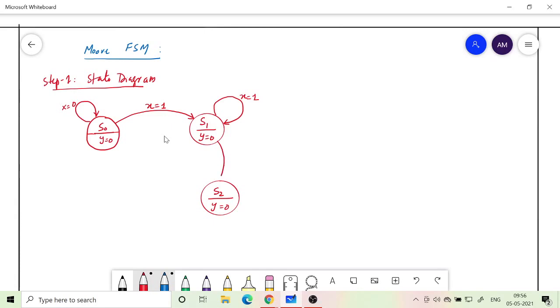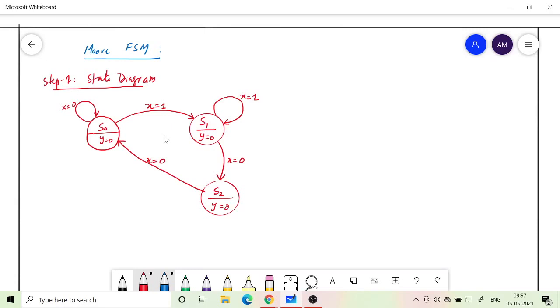So if x is equal to 0, I have detected 1 0. Now at this state, if one more 0 comes, I lose all the progress and need to go back and wait for the first bit detection. I have detected nothing.